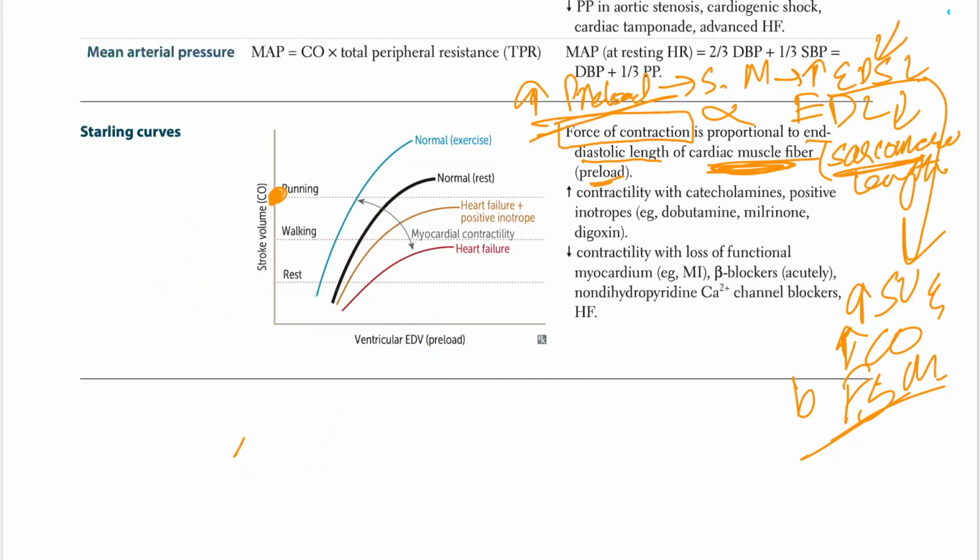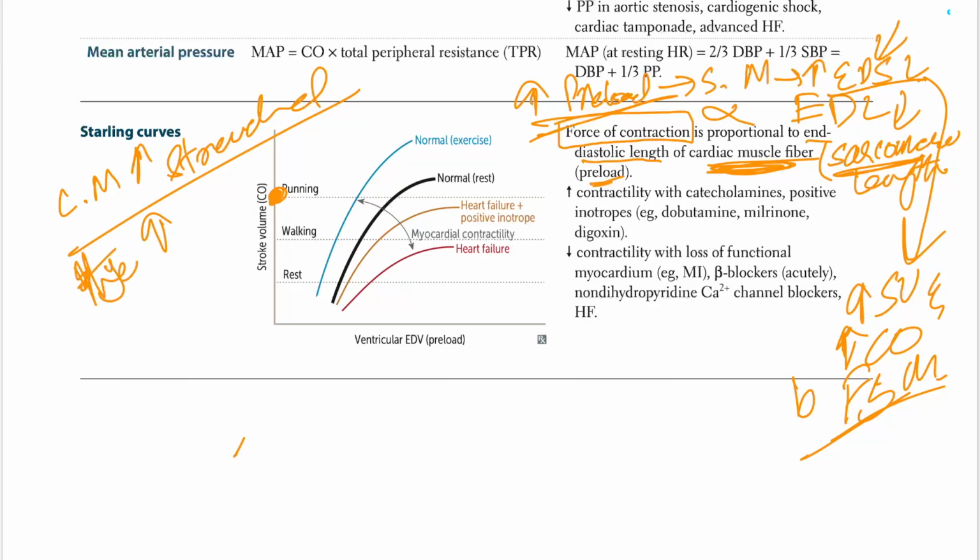I hope that makes sense. So by definition, Frank-Starling curves, right? They state that as the cardiac muscle is increasingly stretched, the cardiac output would increase, the CO would increase.